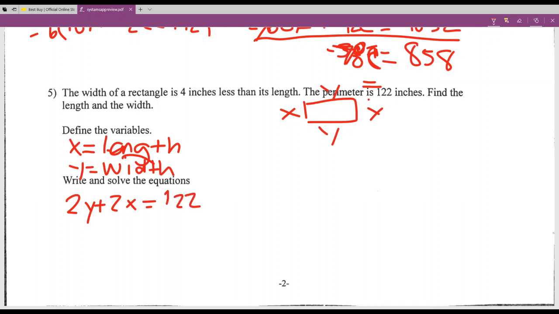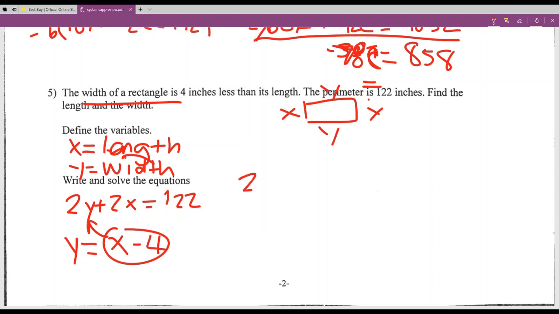And then the second equation says width is 4 inches less than the length. So Y is length minus 4. Because 4 inches less than what? The length. So to find that, you have to find the difference between X and 4. So you're subtracting. Now, since this is Y equals, we're going to just plug that in right there.